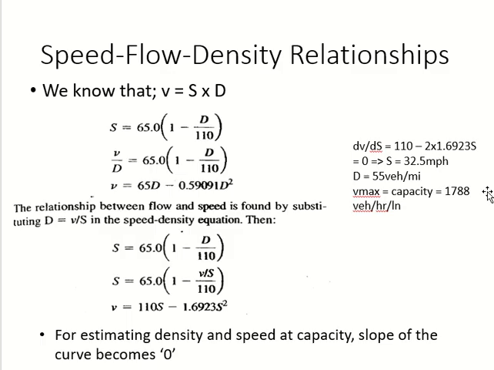Okay. Critical speed is half of free flow speed. And what about density? Can I do something like this for density as well? Critical density?